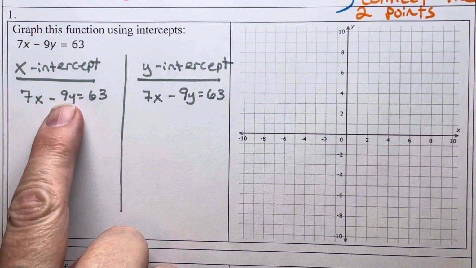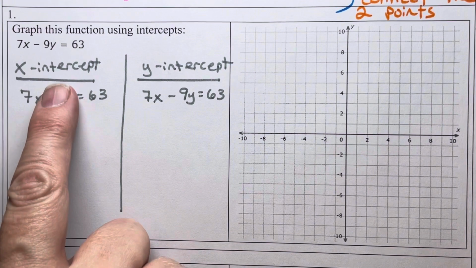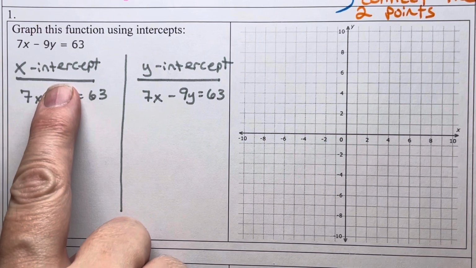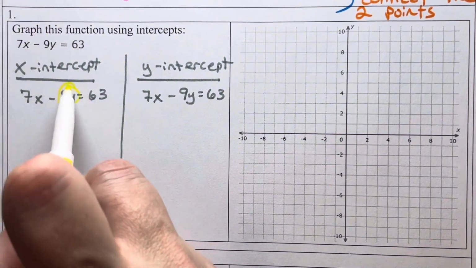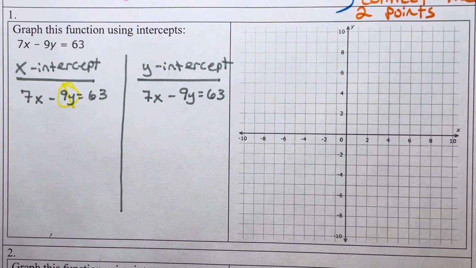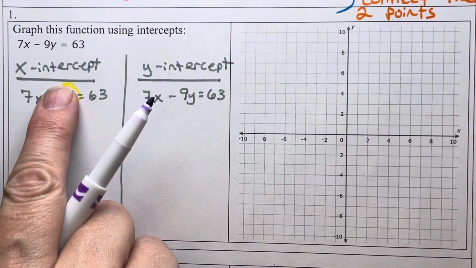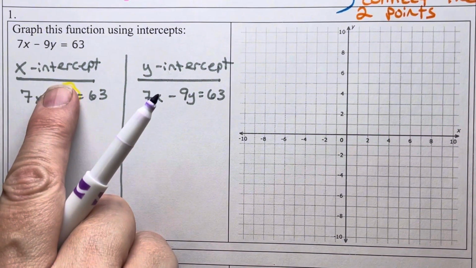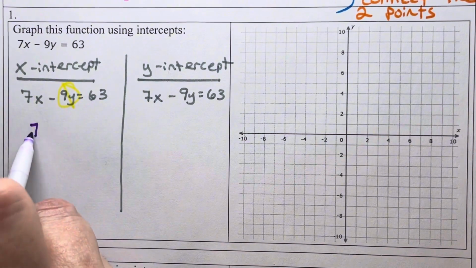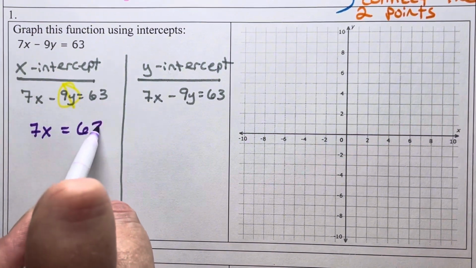And so we said in the steps, cover the letter you don't need, which you can just cover with your finger, or you can mark it out with your writing utensil, of course. And then step 2, rewrite your tiny equation. So if I got rid of my minus 9y, then my tiny equation is 7x equals 63.